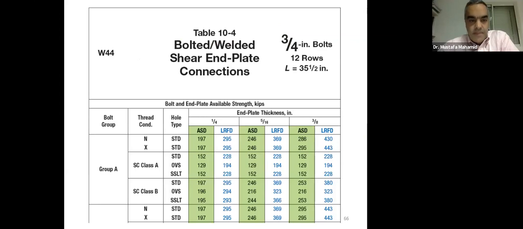That gives the capacity based on the bolt type, bolt group type, whether it's group A, B, or C, and then the thread condition, whether it's N or X or slip critical, and the hole type, whether standard, oversized, or short slotted holes, and the end plate thickness, that's 1/4 inch, 5/16, and 3/8, etc.